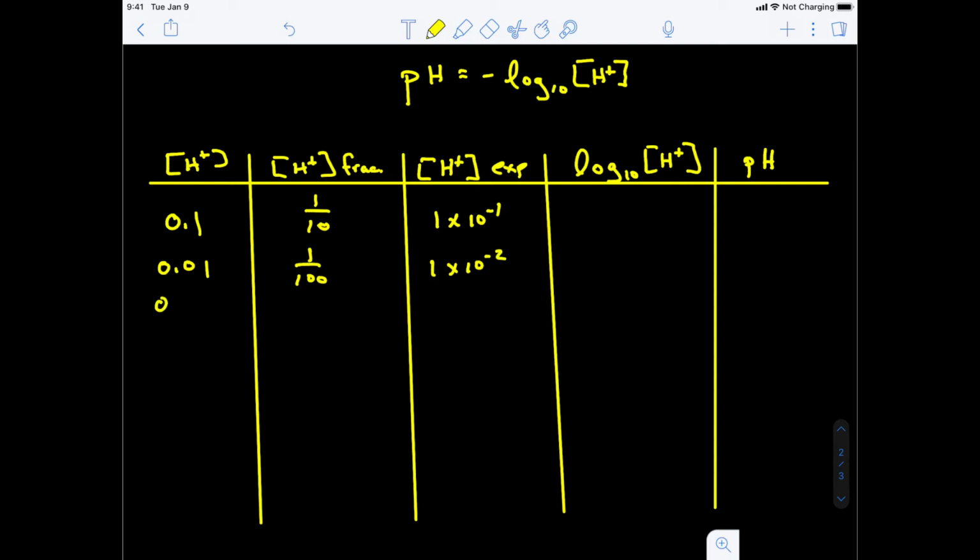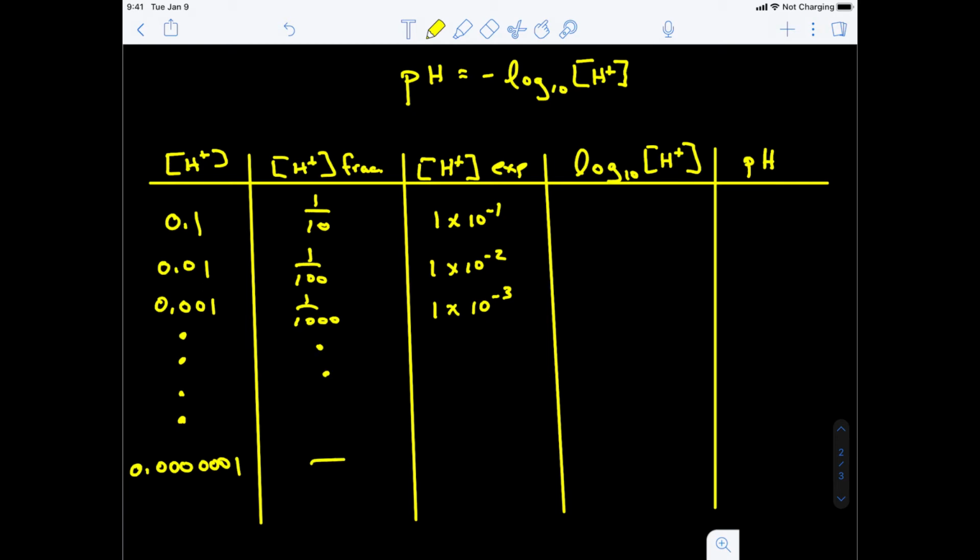You can see where this is going. 0.001. That's 1 over 1,000, or 1 times 10 to the negative 3. All right, we won't write too many of these. We'll just skip down a few and write maybe 0.0000001. I'm not going to write out the fraction.